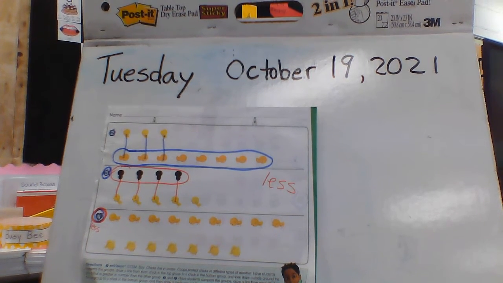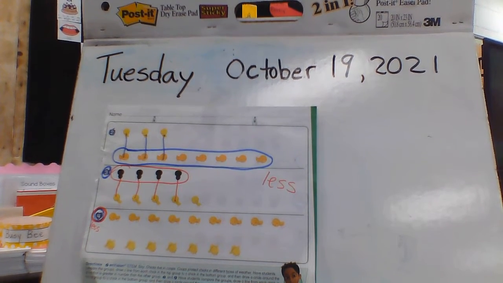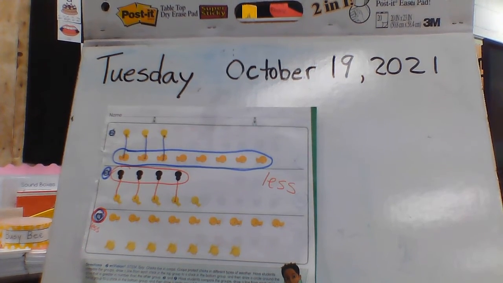And yesterday I posted some videos and some songs and just some extra little videos for you to watch. Well, if you notice, there was a song that was called More or Fewer. Fewer is another word for less, okay? Fewer means it has a smaller amount. So either way, you could say less or fewer.